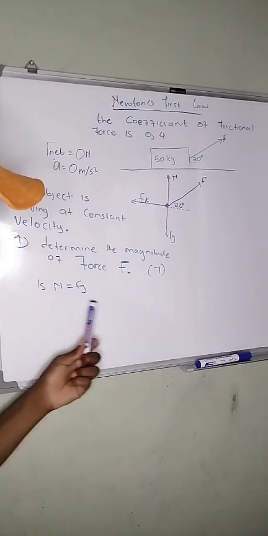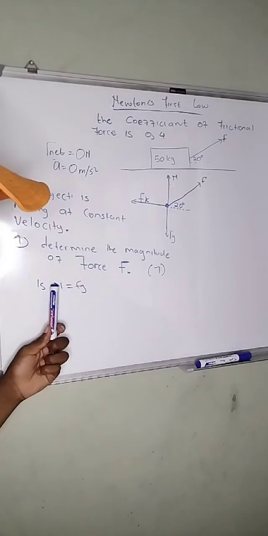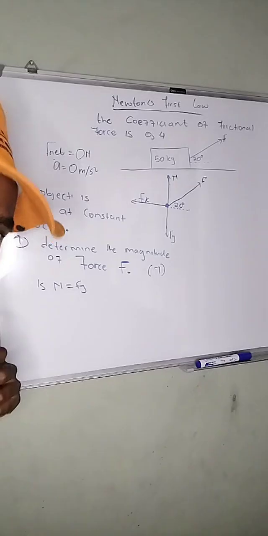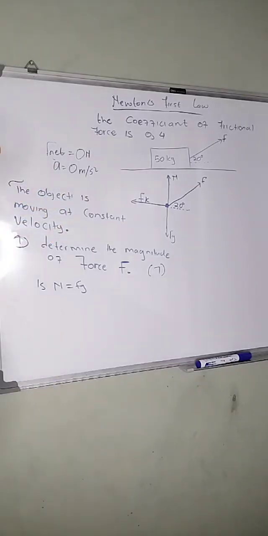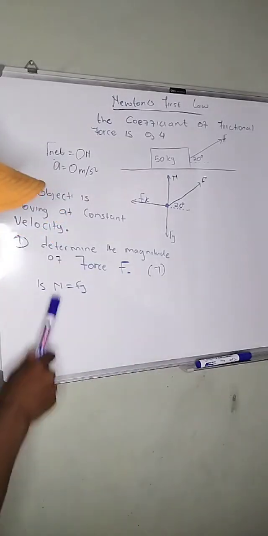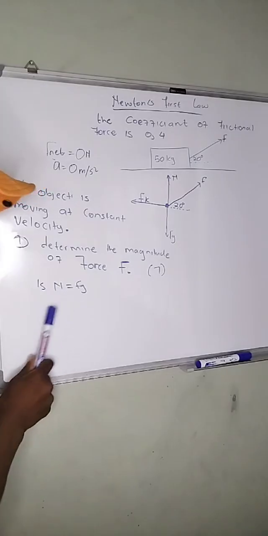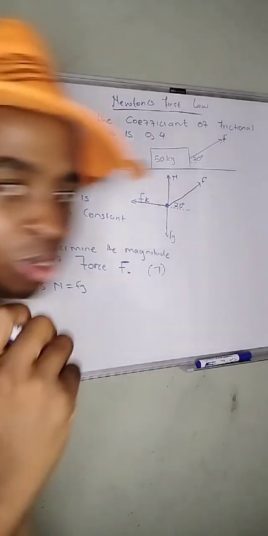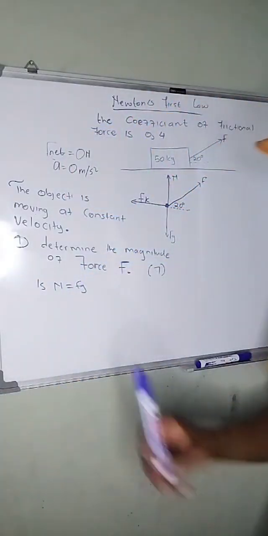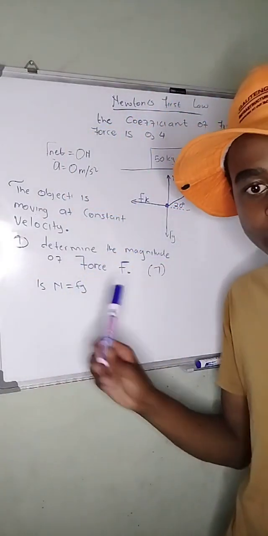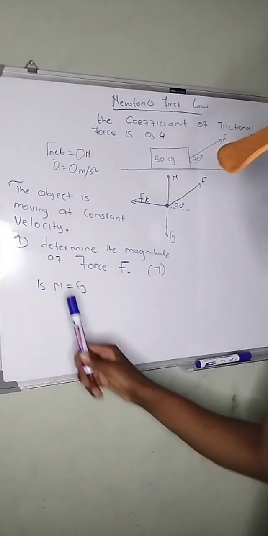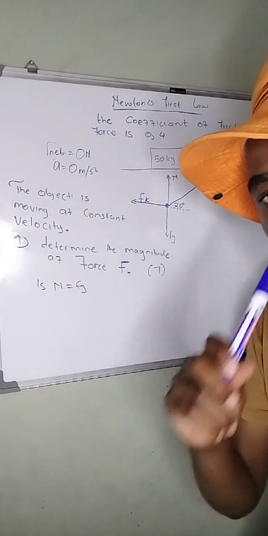Are these two equal? Those who are saying they are not equal, why are you saying that Fg and normal are not equal? I want to know that part.